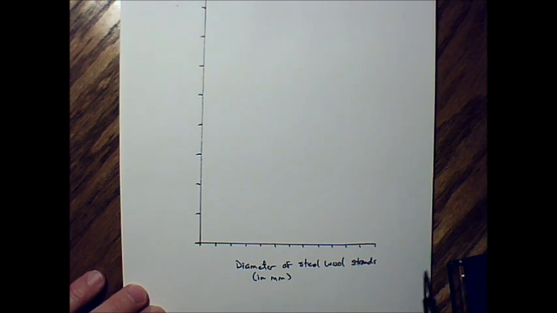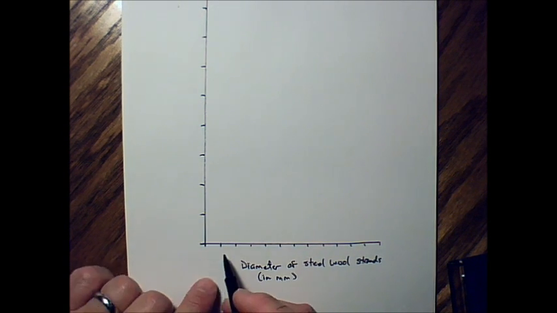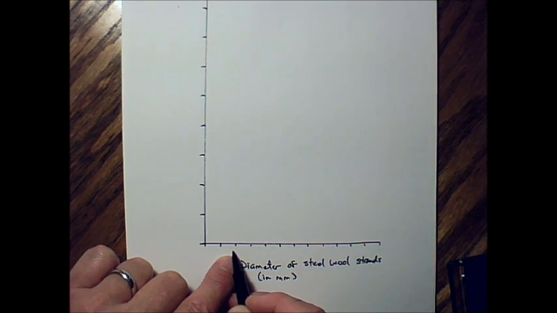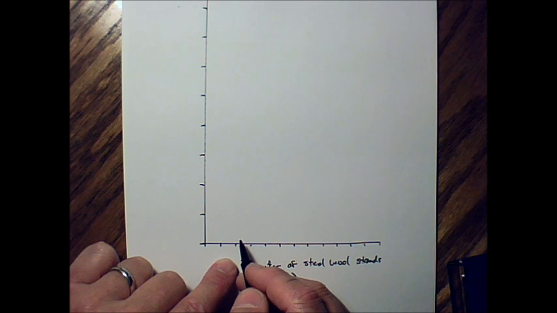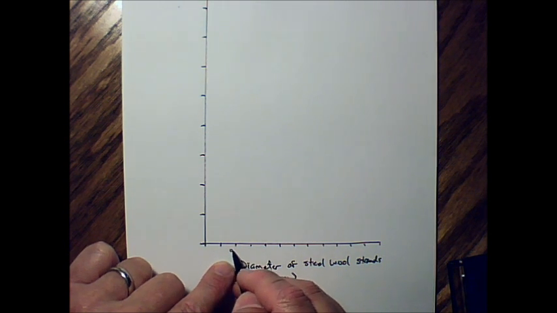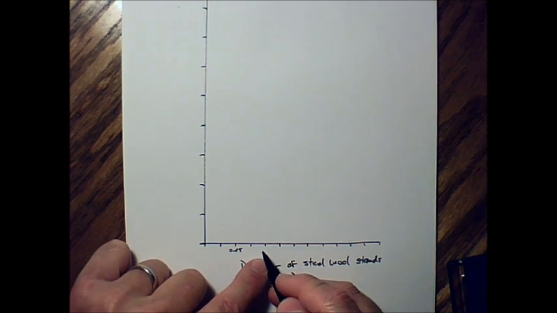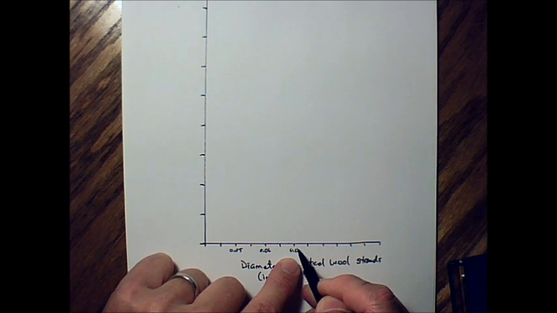Okay. All right. So I'm going to start and make this one 0.05 here. And I'm going to skip one and do 0.06.